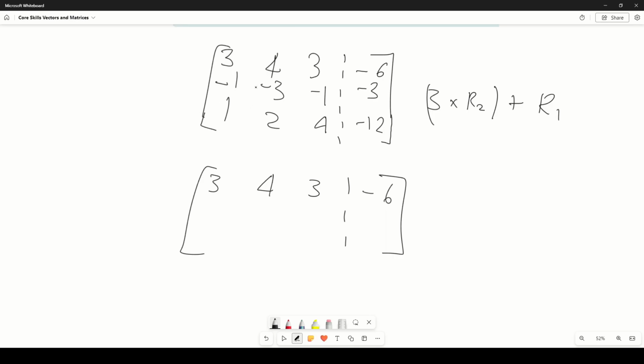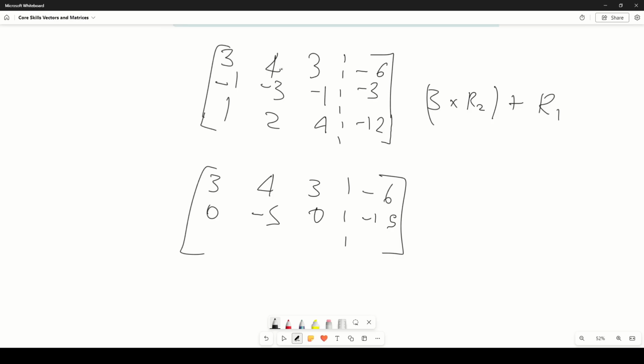The reason for that is 3 times minus 1 gives me minus 3. And when I add these together, I get 0. And that's my end goal here for this first step. So that gives me a 0. The next one gives me minus 9 plus 4, so that's minus 5. Then another 0 here. And we have a minus 9, minus 6, which is minus 15.